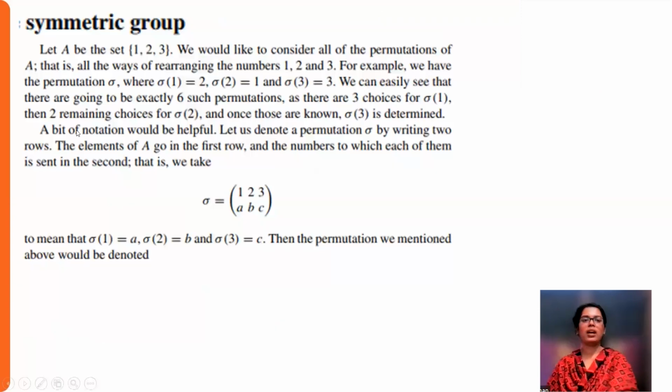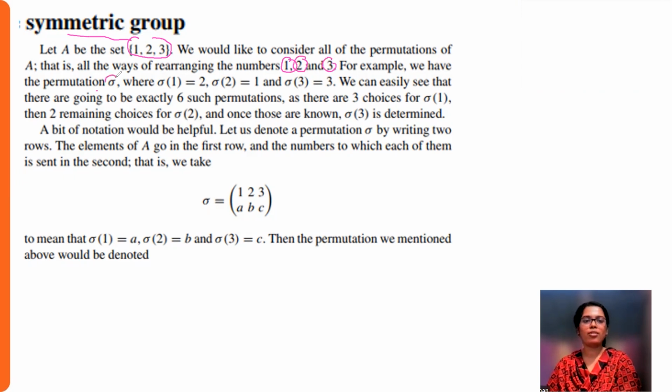Now the next type of group we have is the symmetric group. So what is the symmetric group? We take a set of numbers, suppose we take the set to be 1, 2, 3, and we want to consider how many permutations we can have on it. That means how many ways we can rearrange these numbers, right?